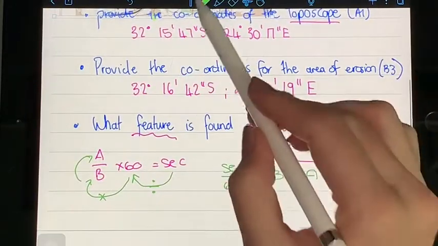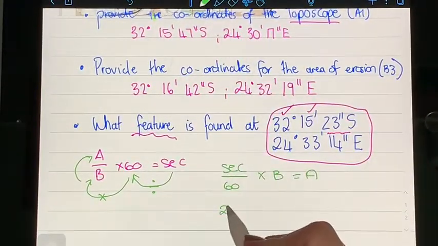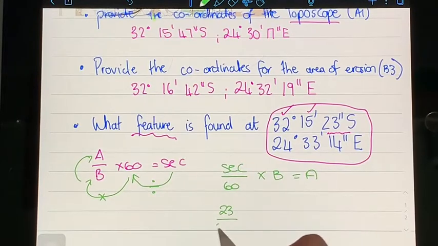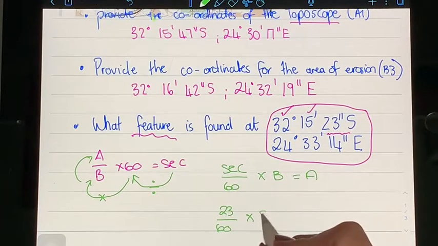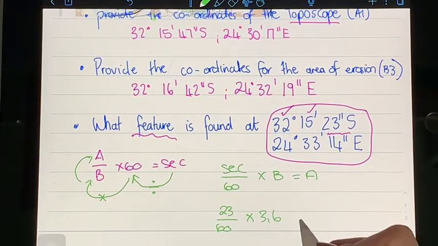So if we apply this formula, we can say 23 seconds divided by 60 and then times the size of what that latitude B minute row is, which is 3.6 centimeters.